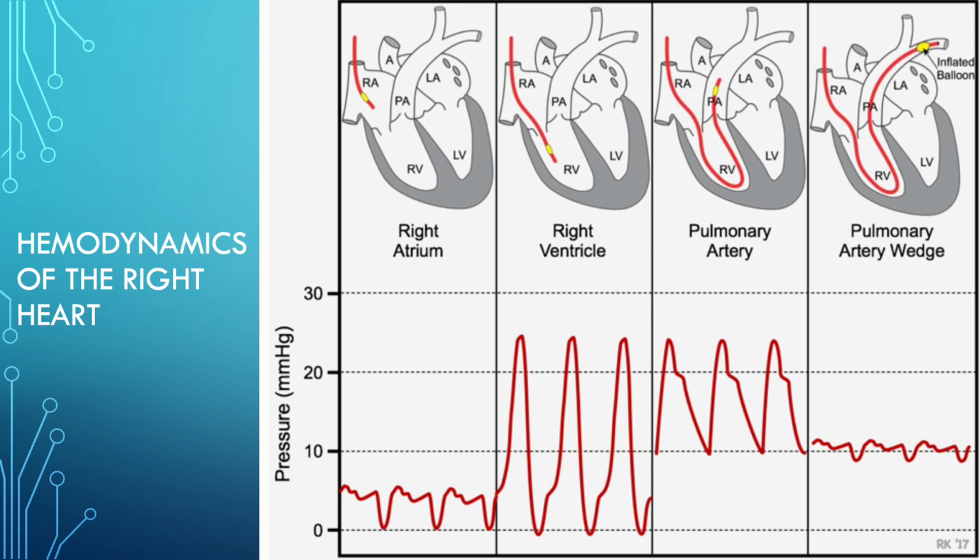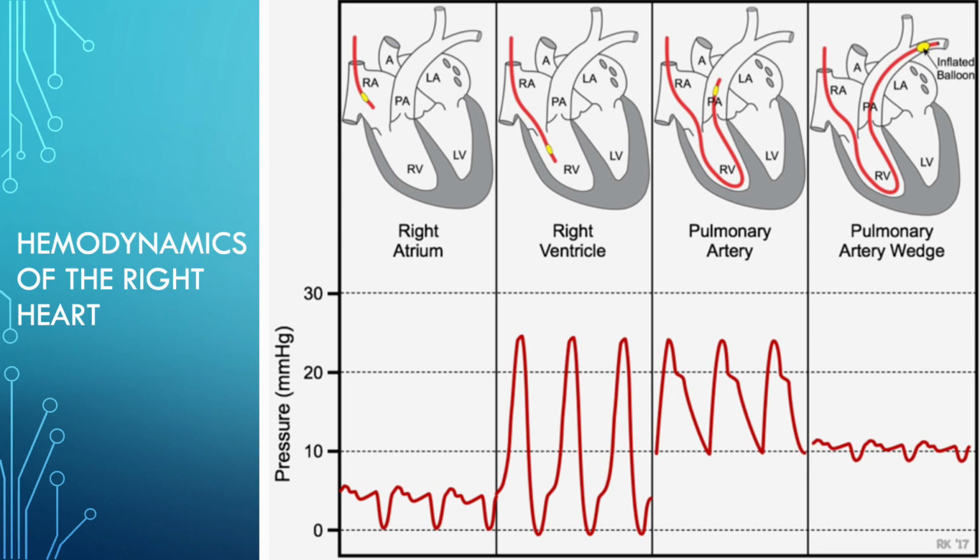And here is the pulmonary artery pressure. The wave shape looks like the systemic arterial circulation pressure wave, but it's very low. Here it's around 20, 25 rather than 120 or 130.